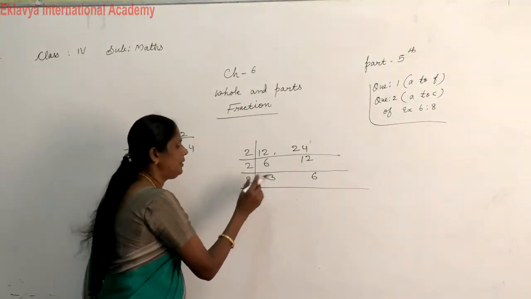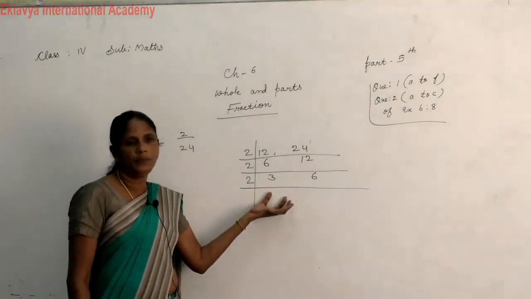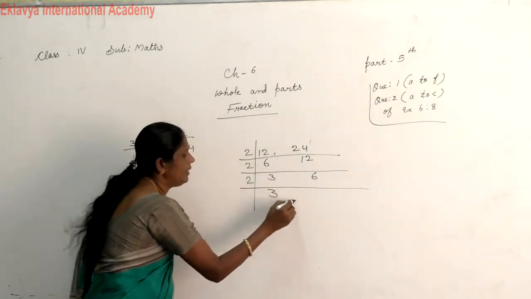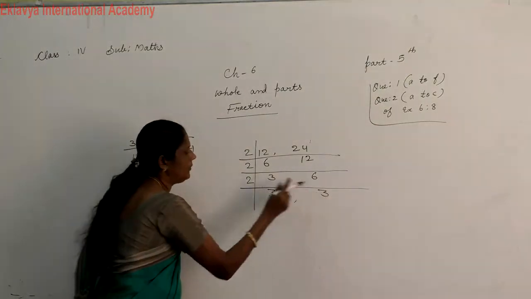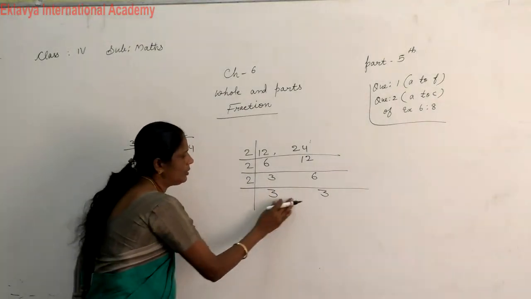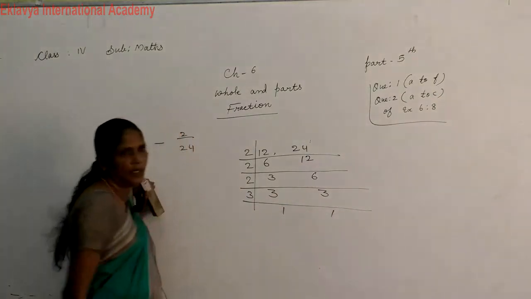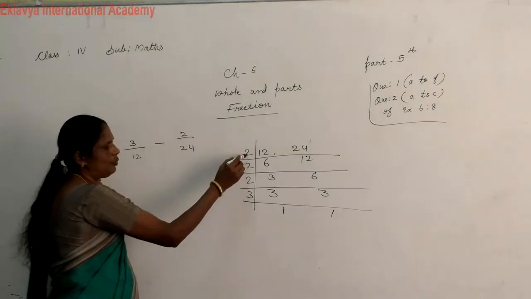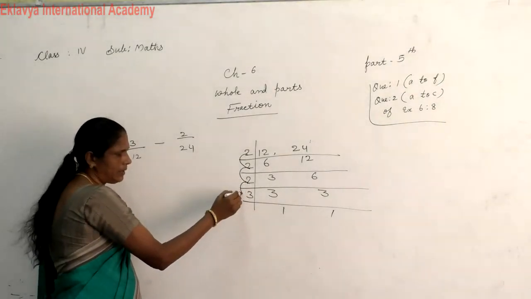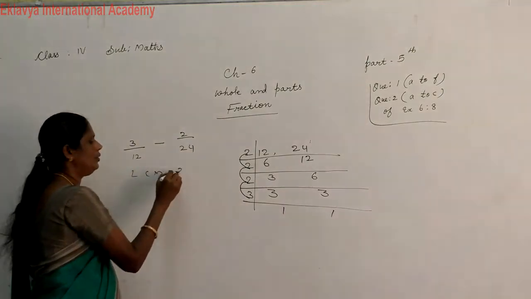The table of 2 does not go in 3, what do you do? As it is, here 3, here also 3. The table of 2 goes here 3 times. Again 3 goes, 1, 1. LCM: 2 twos are 4, 4 twos are 8, 8 threes are 24. The LCM is equal to 24.